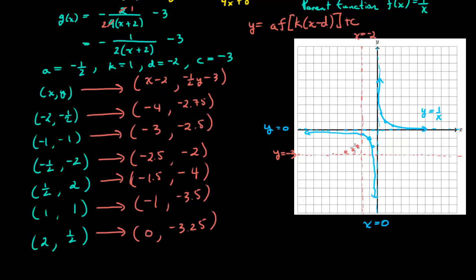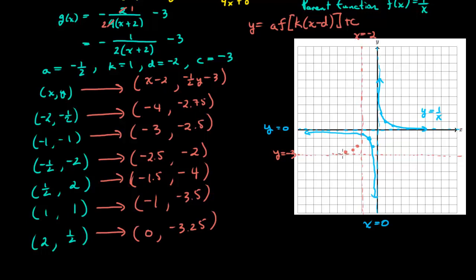So you can kind of see that these three points got transformed to this location here. So I'm going to go ahead and sketch a smooth curve through these three key points, and then my graph will continue to approach the asymptote as we get larger and larger x values.